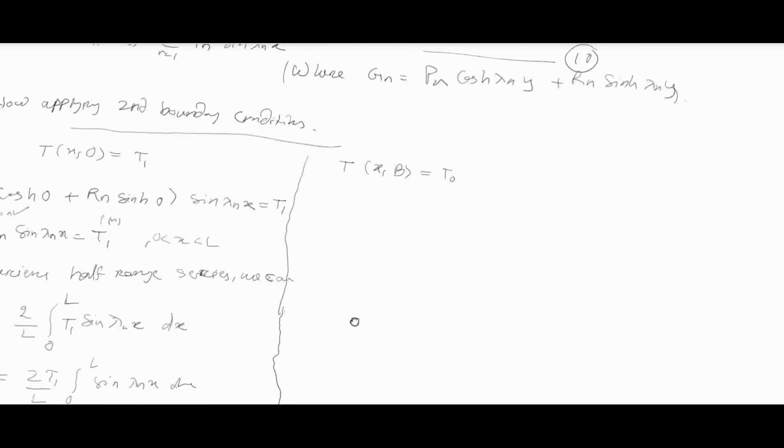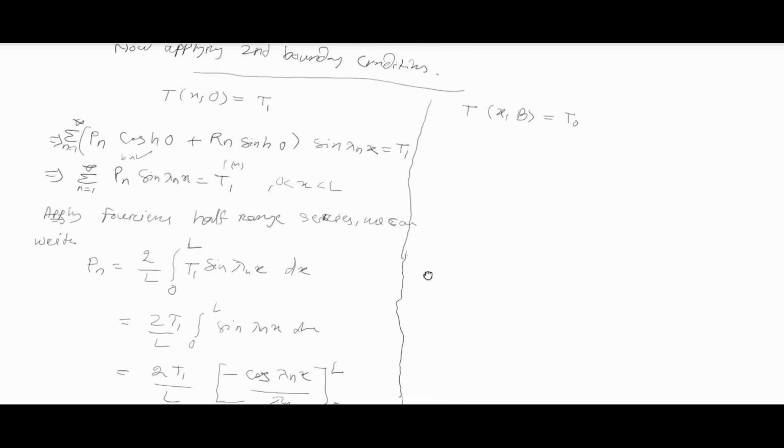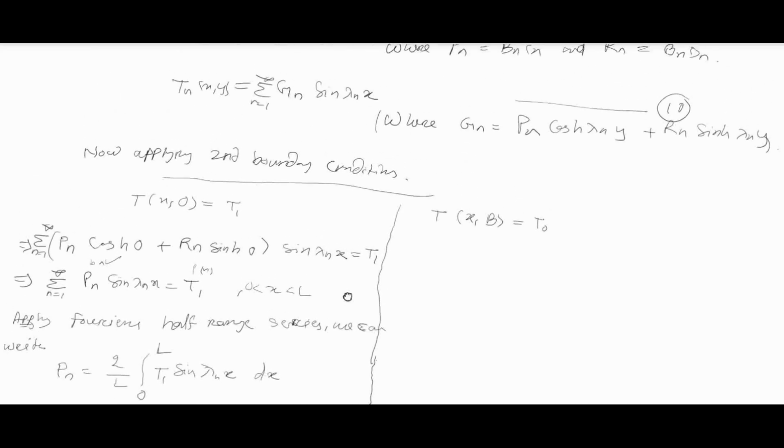Then let us come here. Now T(x, b) is equal to T0. So let us use that. When you use T(x, b), that means y is equal to b, what are we getting?